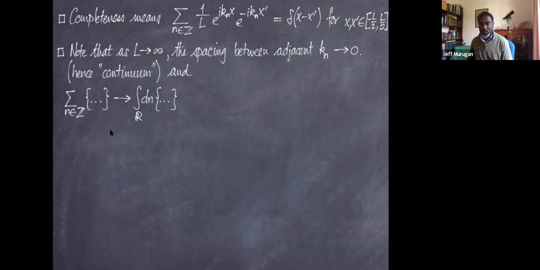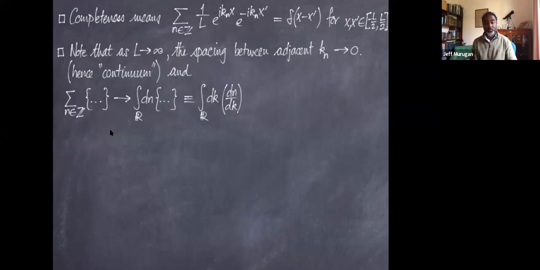Typically, this is not really cast as an integral over n. This is usually phrased in terms of an integral over momenta, dk dn by dk. Notice that k was a function of n, so I can invert that relation and get n as a function of k. And if I change variables from n to k, then I can write this as an integral over the eigenvalues themselves.